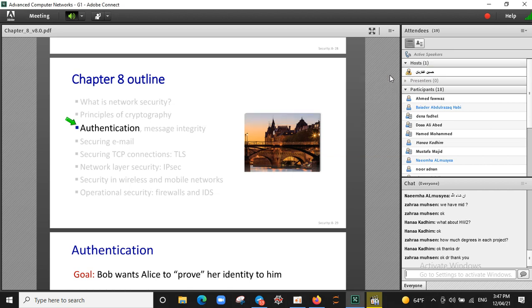During the last lecture, we talked about cryptography, and we showed that if we decided to encrypt the messages between two different entities, we can use cryptography algorithms with symmetric keys, or we can use asymmetric key algorithms.